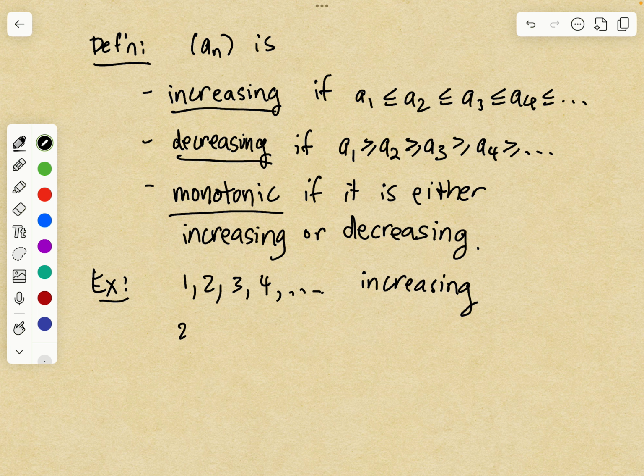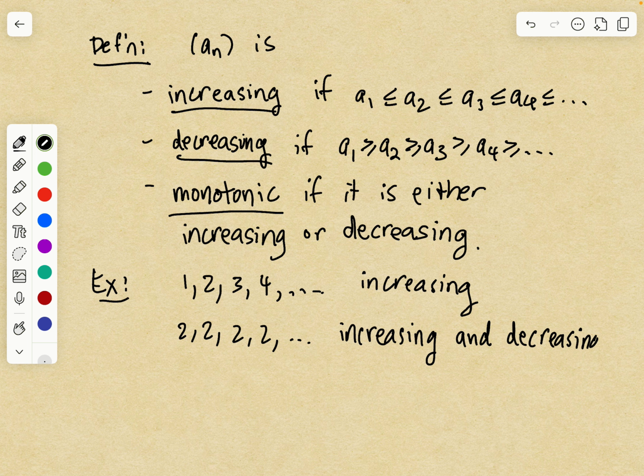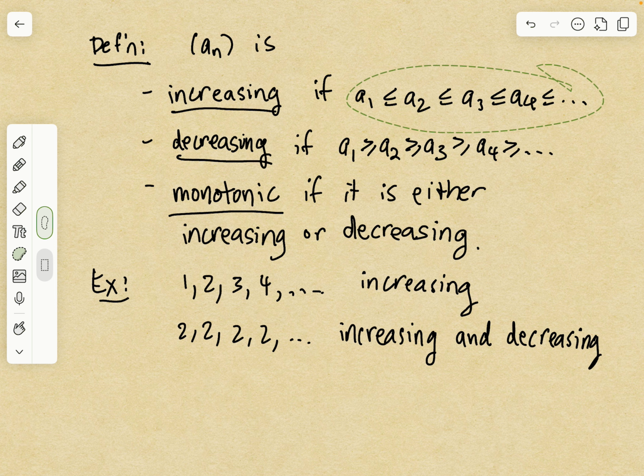What if you had 2, 2, 2, 2, ...? From the definition, what is this? This is increasing and decreasing. From the definition, you just need less than or equal to.